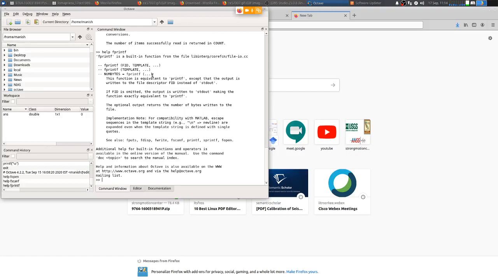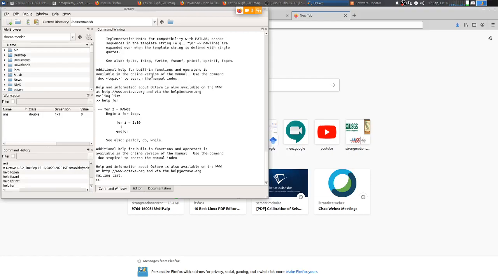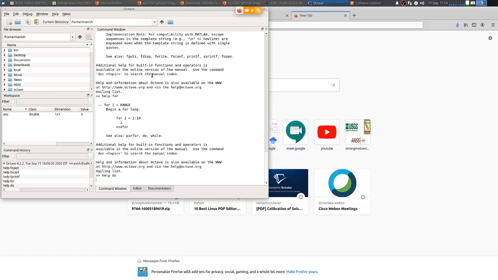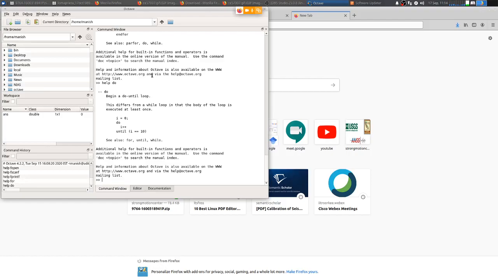So that's all. For loop, the syntax is like this. Begin a for loop in an increment of 1. If you provide another argument, that will be the increment. You can choose either of these. You can also use do until, and so on.